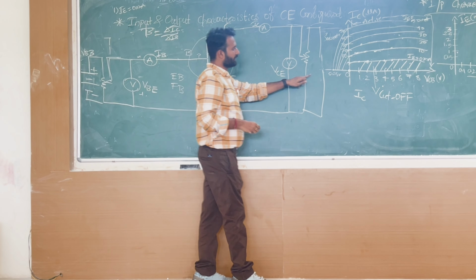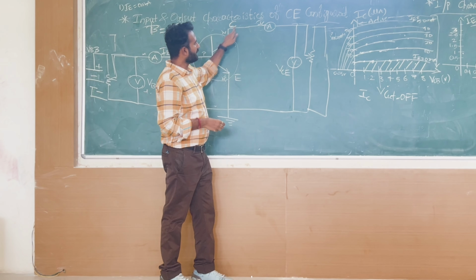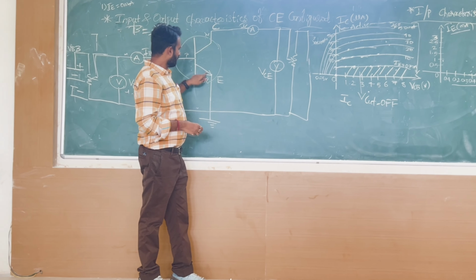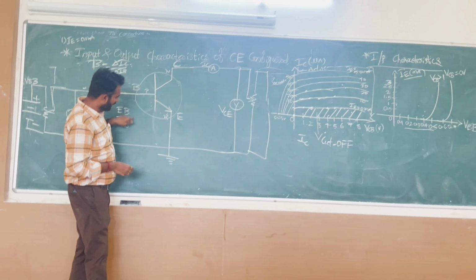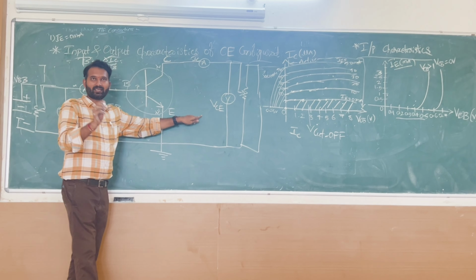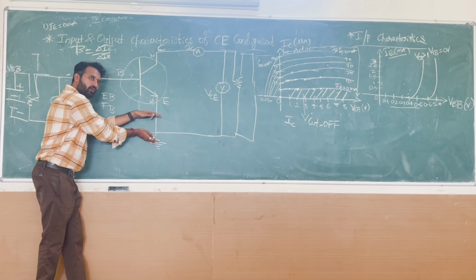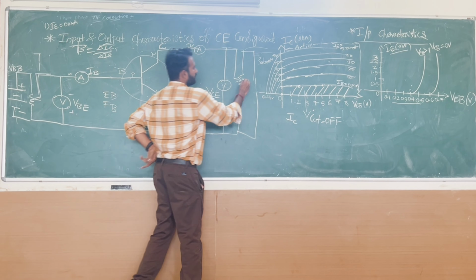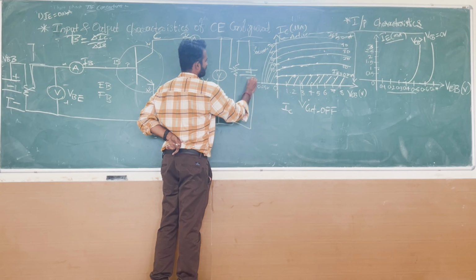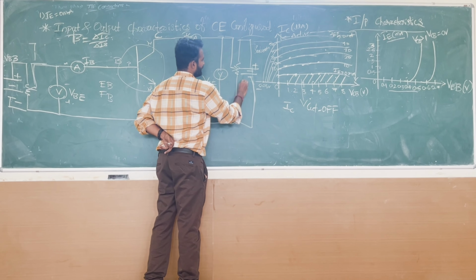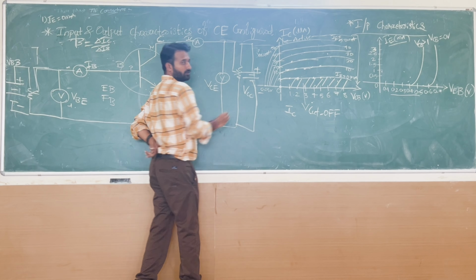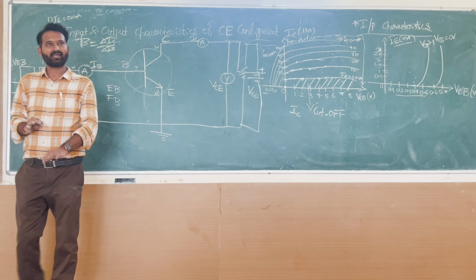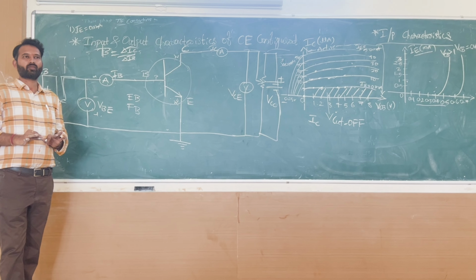Now what will we connect here? N to positive, this side, this is grounded. P to negative. This terminal is grounded. N to positive, P to negative. This is positive, negative, positive, negative. Clear? This will become the VCC source.